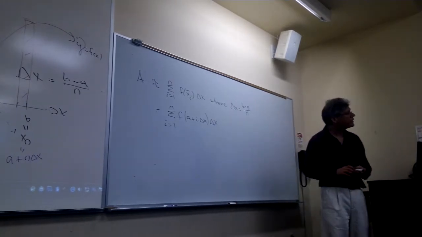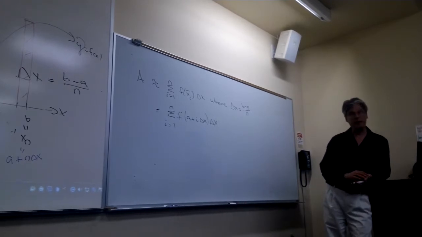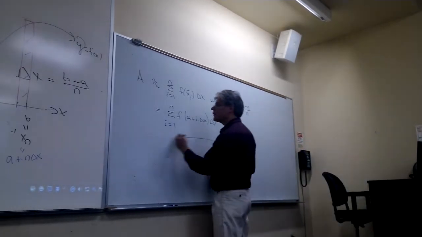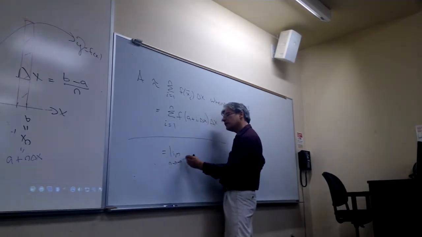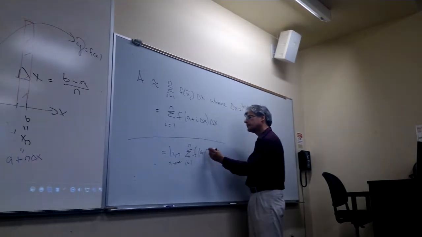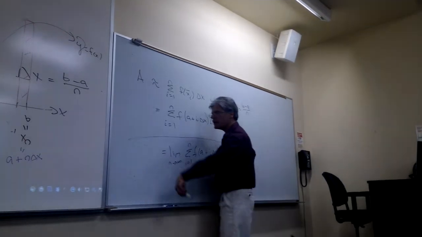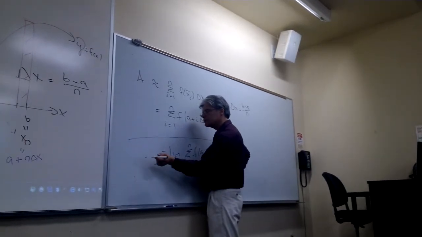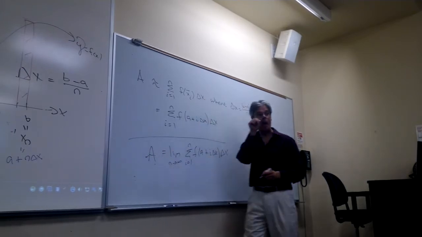This is going to be a very slick way for me to come up with a good approximation for the area, but I maintain that if I take the limit as n increases without bound of this right Riemann sum, it's going to give me the exact area underneath the curve.